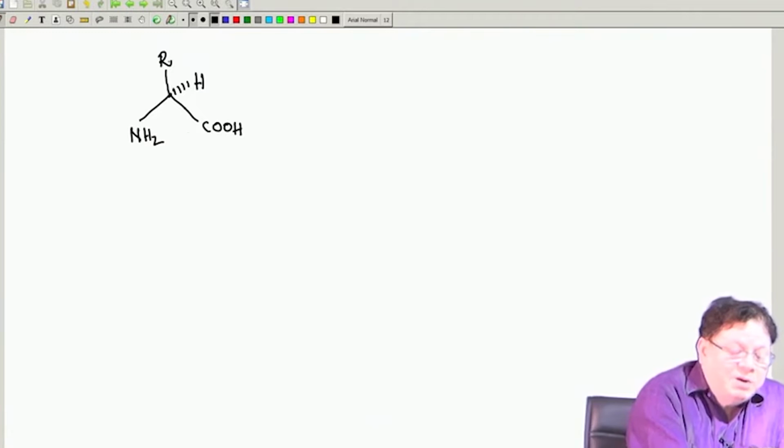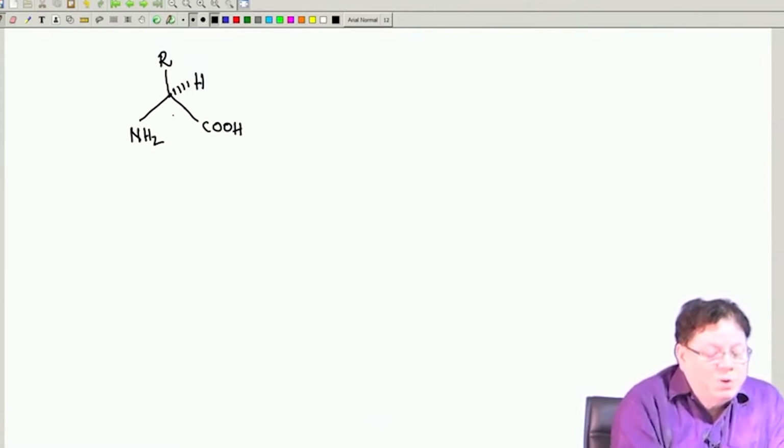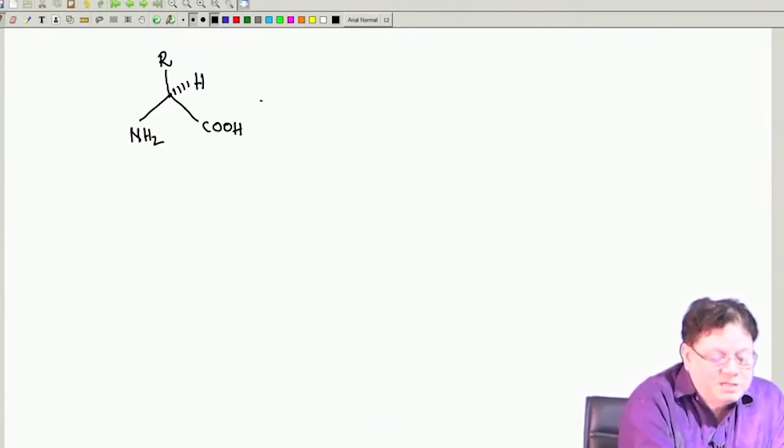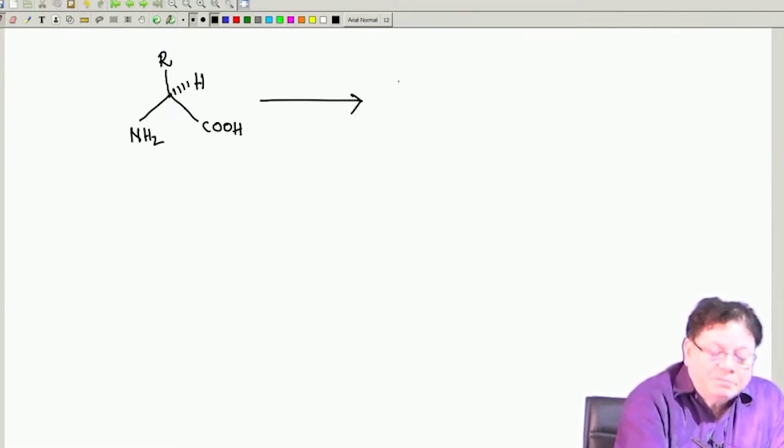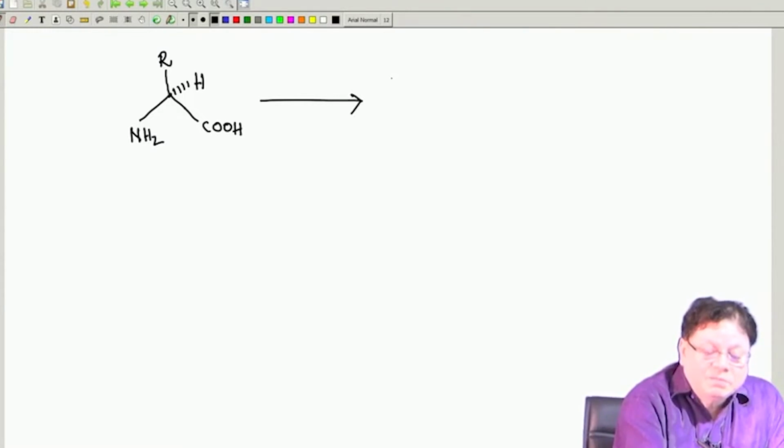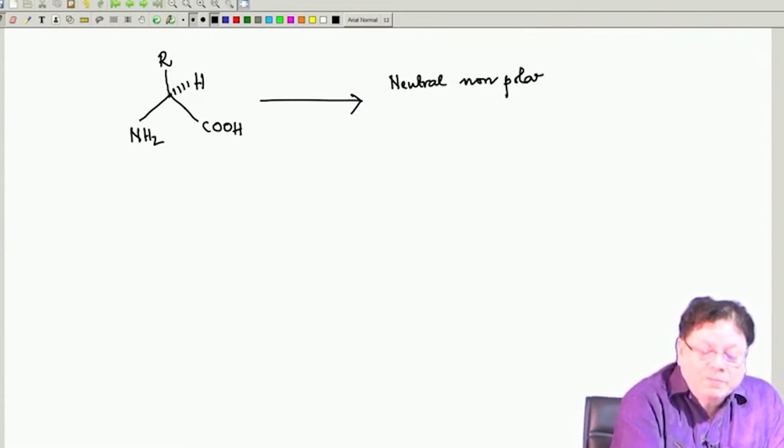Now, depending on the nature of R, you have different classes of amino acids. What are those classes? Some are called neutral, non-polar. Okay.